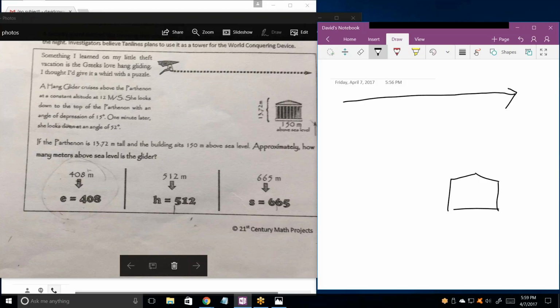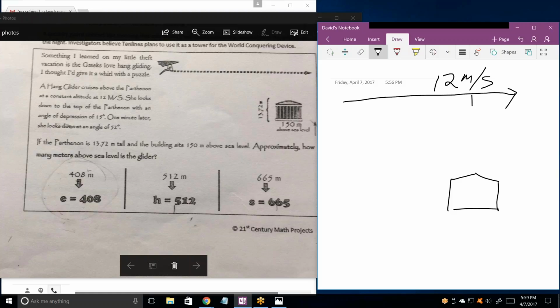That looks like 12 meters per second. Well, that's not an altitude. No, it is not. So that's the speed that it's moving. And this is some constant.